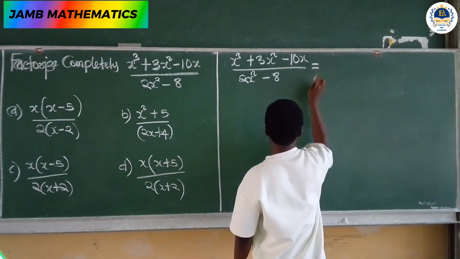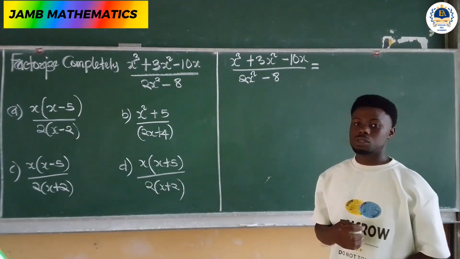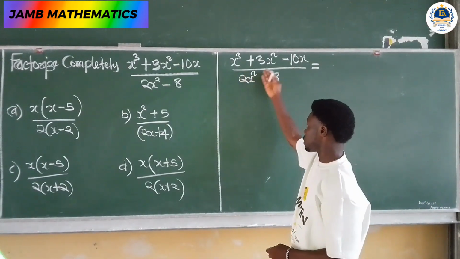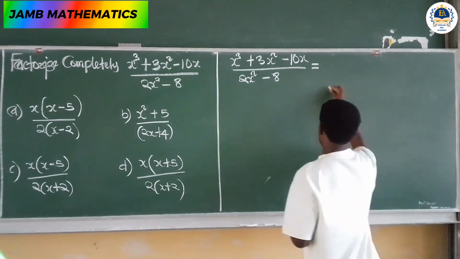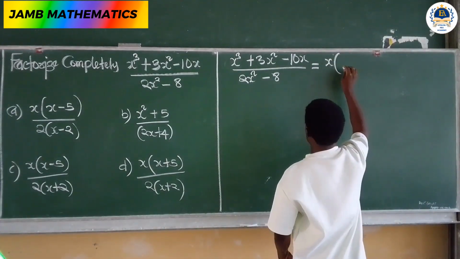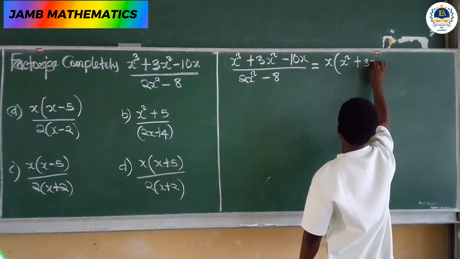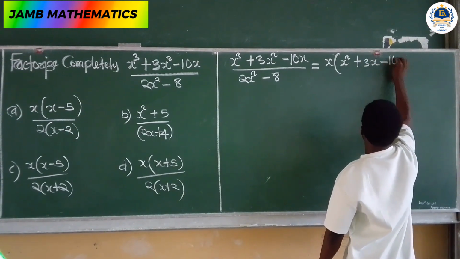We factor out x, which is common among all three terms, so that becomes x in parentheses, x squared plus 3x minus 10.